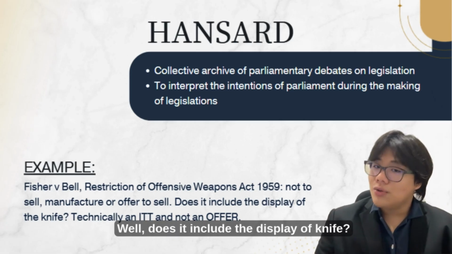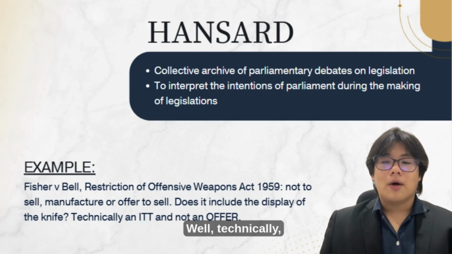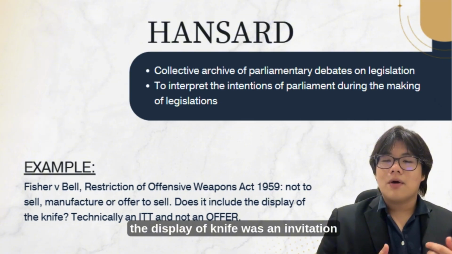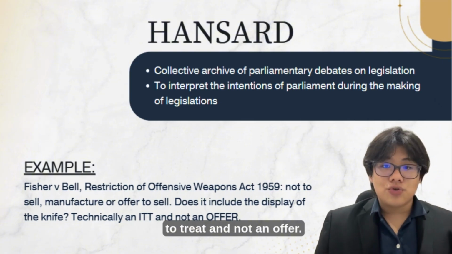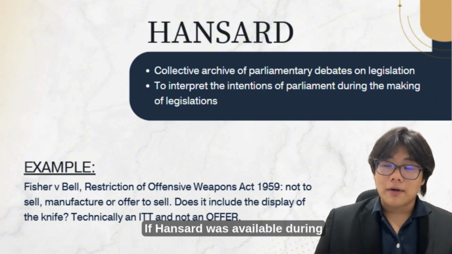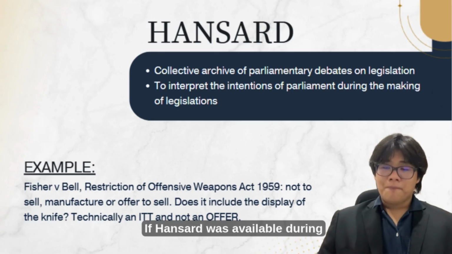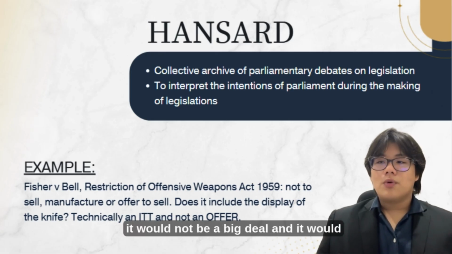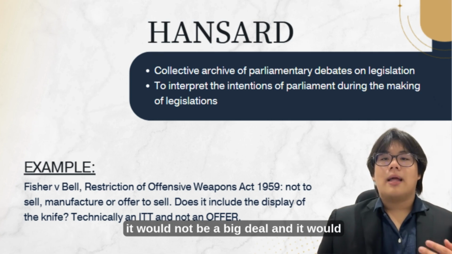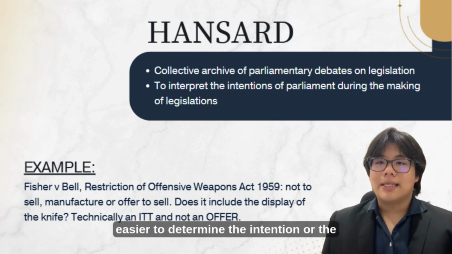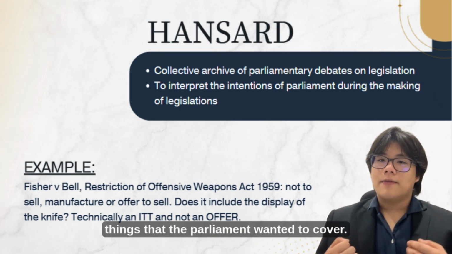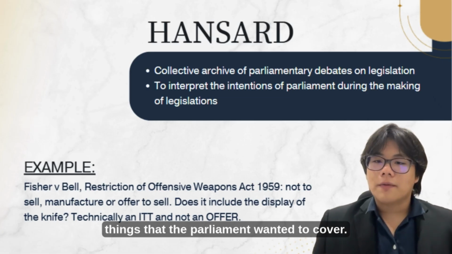Well, does it include the display of a knife? Technically, the display of a knife was an invitation to treat and not an offer. If Hansard was available during that time, it would not be a big deal, and it would be easier to determine the intention or the things that the Parliament wanted to cover.